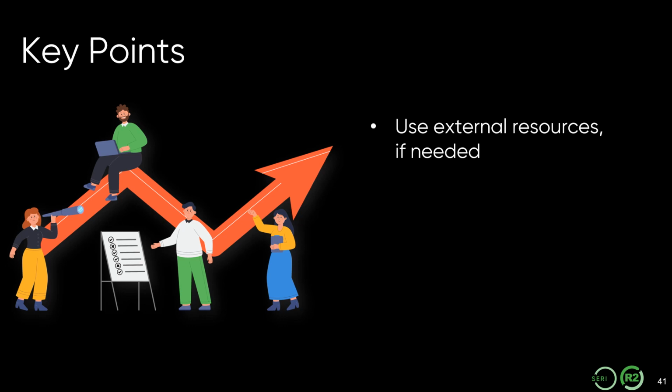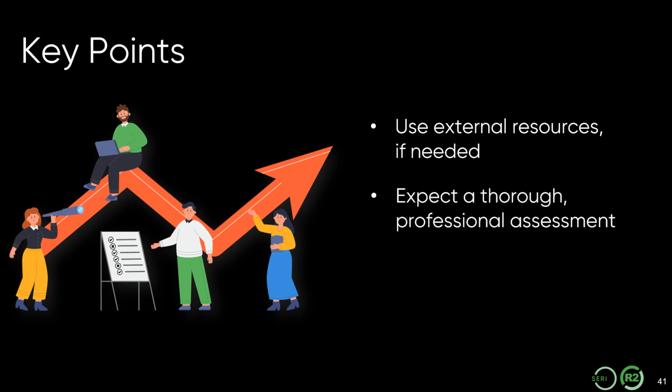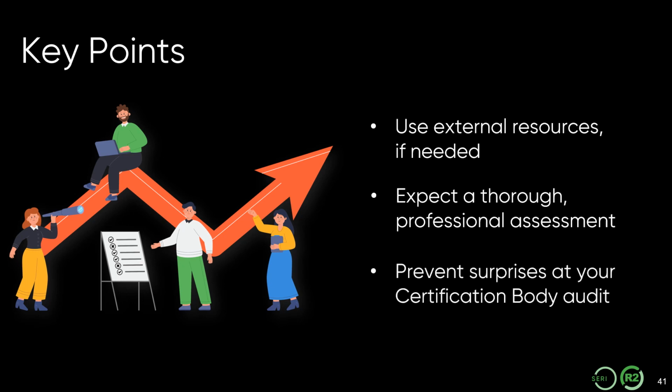You need to select competent auditors and ensure their process is effective. If you don't understand the internal audit process, you might be paying an outside resource to perform your audits only to receive limited benefits. You should expect a more thorough review in your internal audit than you may receive in your certification body audit. An effective internal audit, conducted using the process we've described, will go a long way in preventing surprises at your certification body audit.